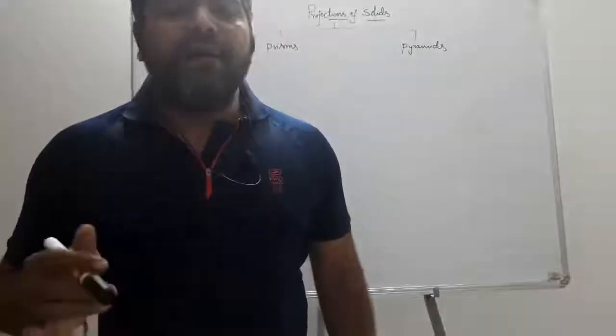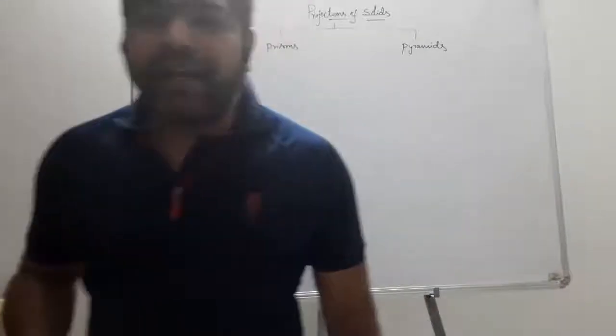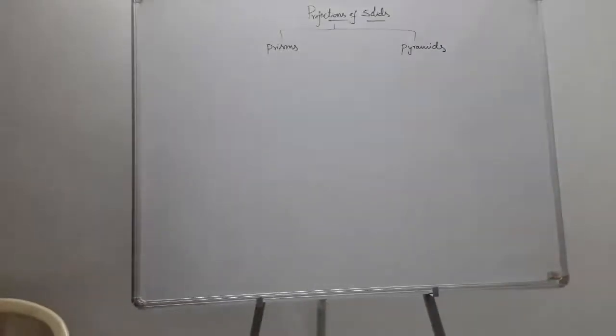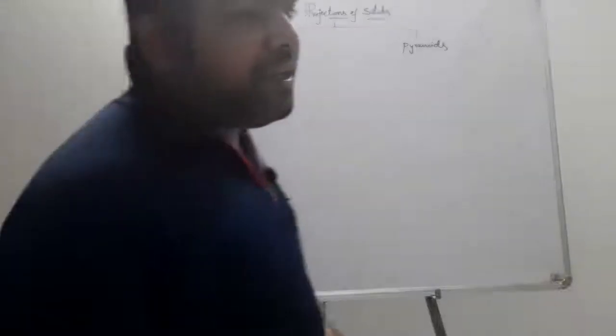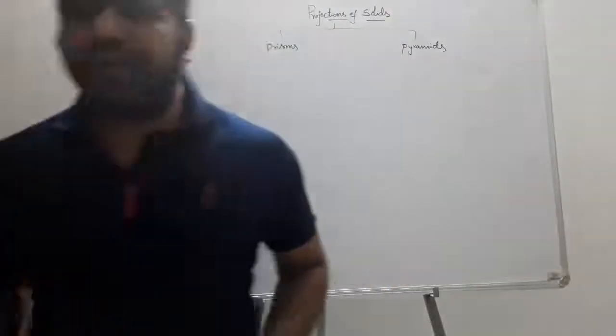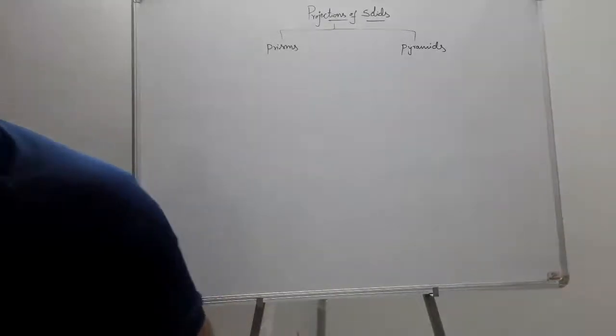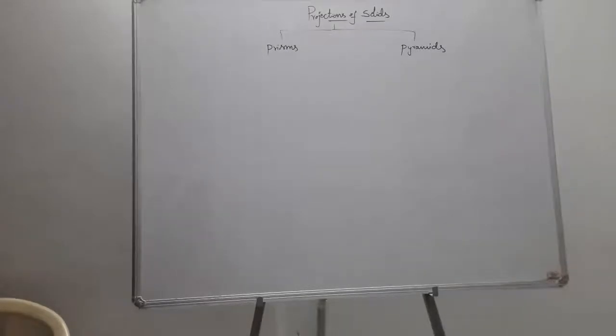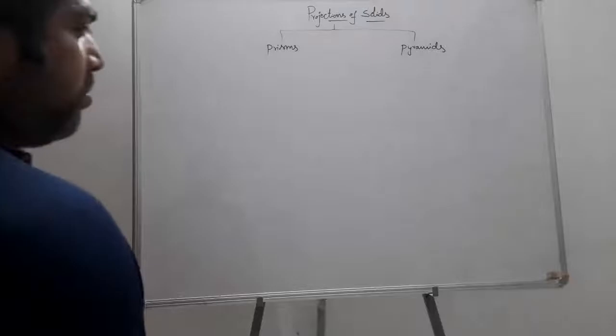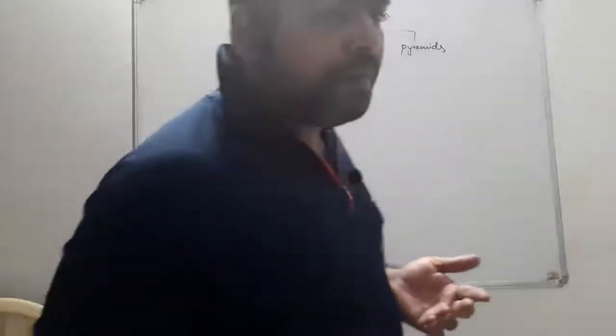Okay. But what can we name it? What was the name of that pyramid? We can't say it is a triangular pyramid. The pyramid is a square pyramid. How can you say it is a square, sir? When you see from the front, you notice a triangle.